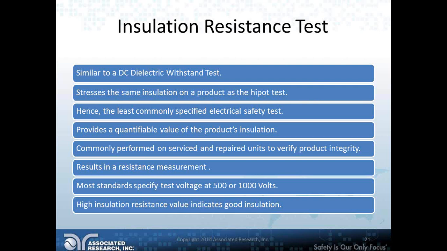If you're interested in understanding the difference between a DC and an AC high voltage test, I would definitely refer you to the high pot test webinars.